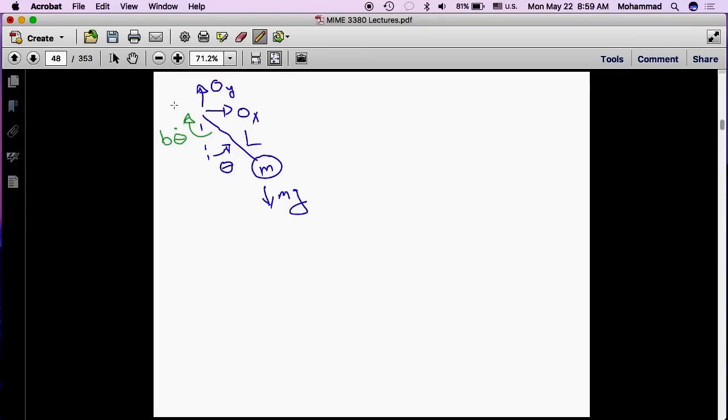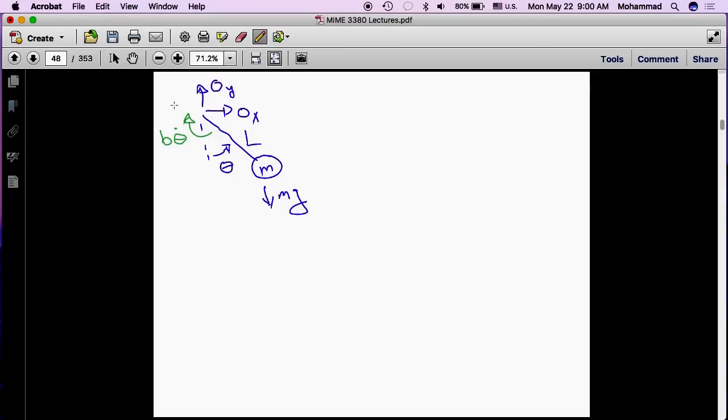It's a very stiff link, so it doesn't deflect as the mass m moves. And we further assume that the link has no mass. Otherwise, we should have included the weight of the link in its middle somewhere. So we have made assumptions to simplify this problem.